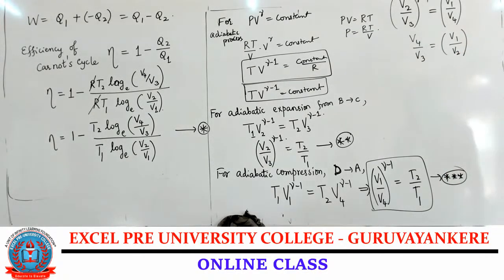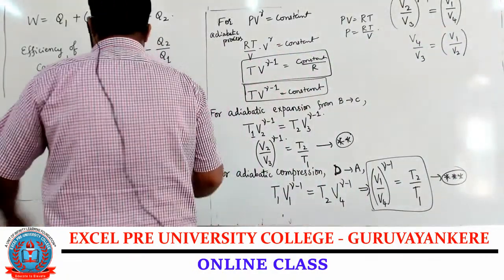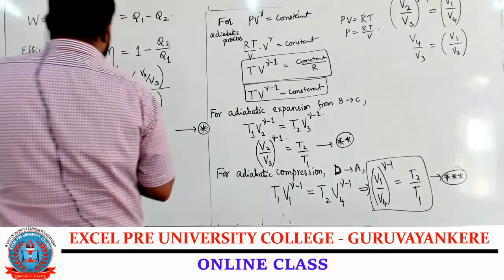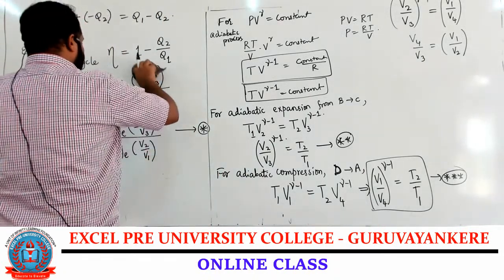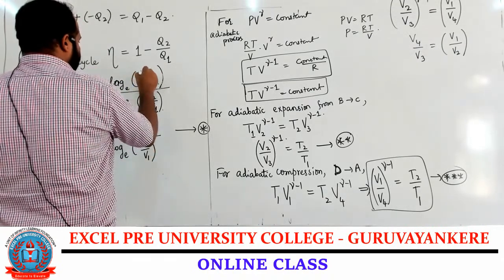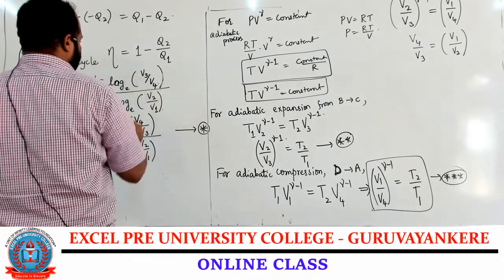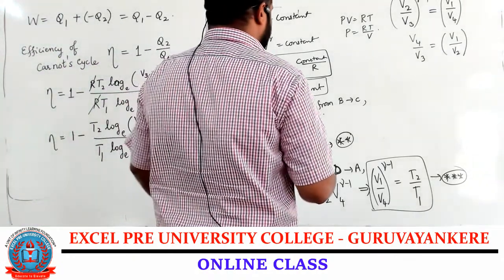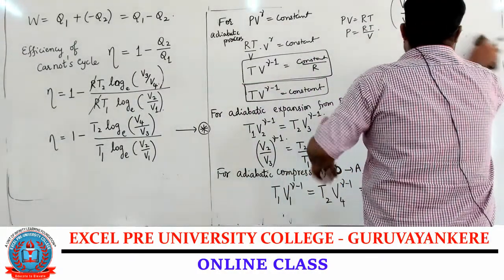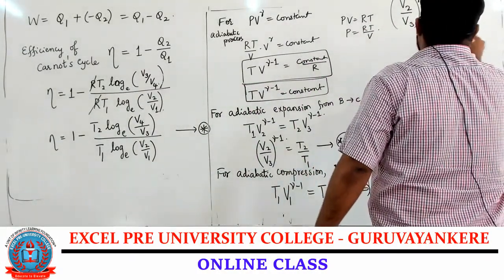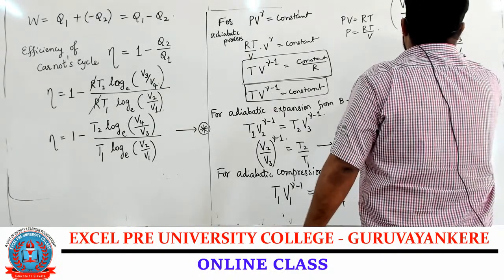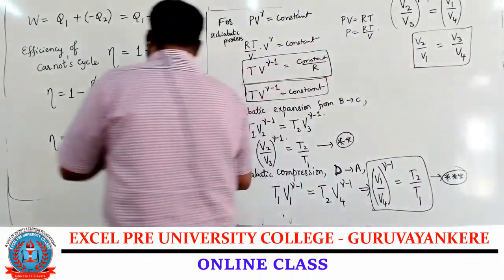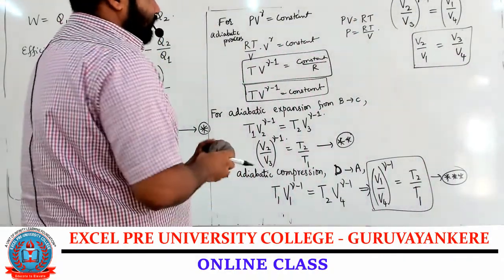One thing you do here: since this value is negative, because Q2 is heat rejected, you write V3 by V4 when taking the negative. Then V3 by V4 will be V2 by V1, so V4 by V3 will be V2 by V1. This is rough work behind it.